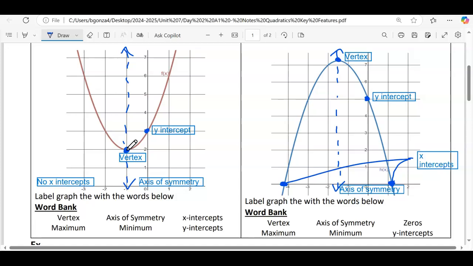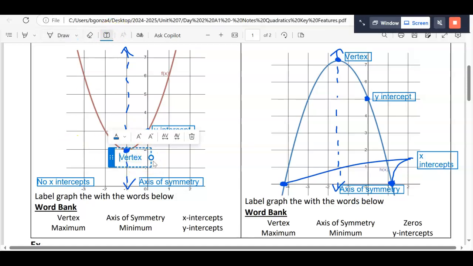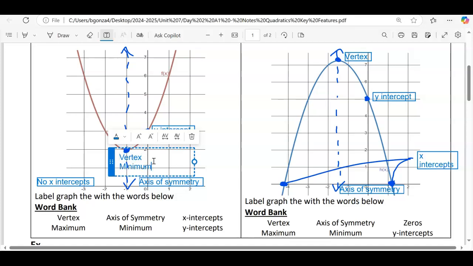So basically, is it at the top or the bottom? So right here, it's at the bottom. So minimum is correct. So bottom of a U, that vertex is also called a minimum. So where you wrote vertex here, you can also put minimum.